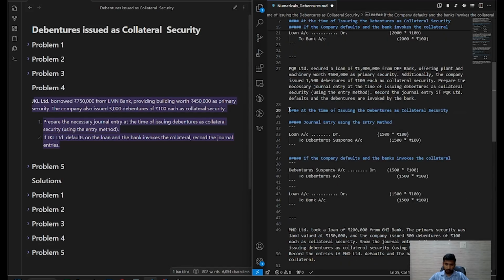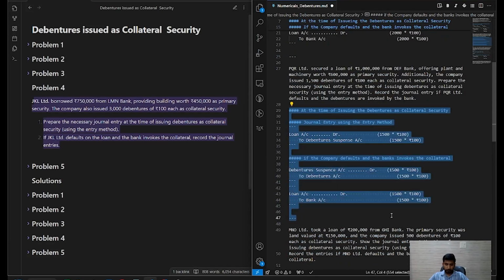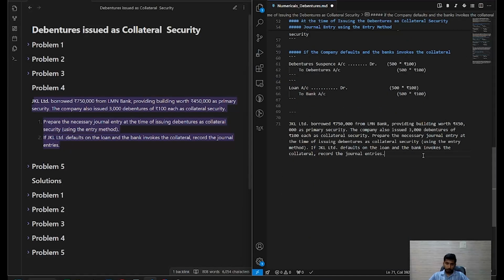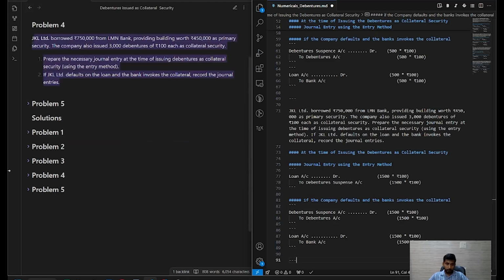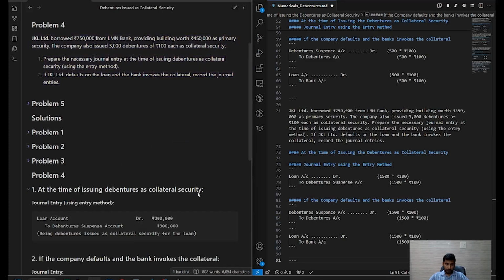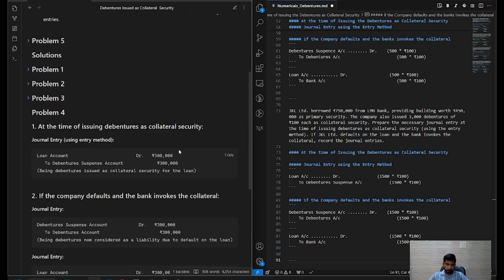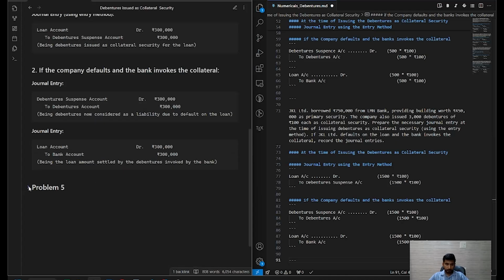It is going to be the same as it is. We'll just change the amounts. Why? Because the entries are literally the same using the entry method. But here we have put the land, and the value of the land was rupees 4,50,000.